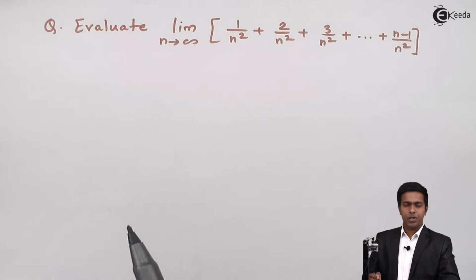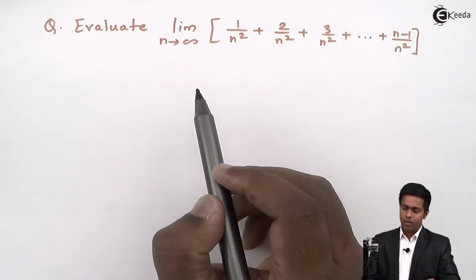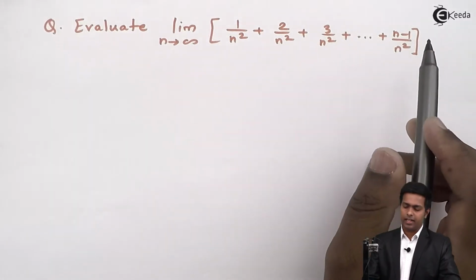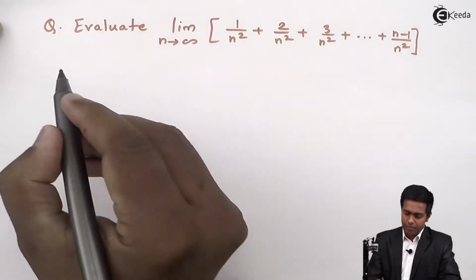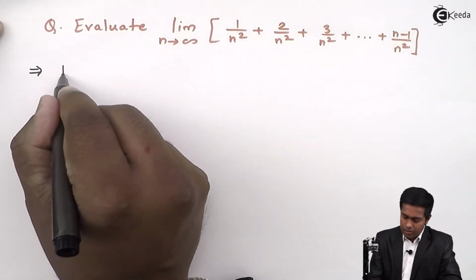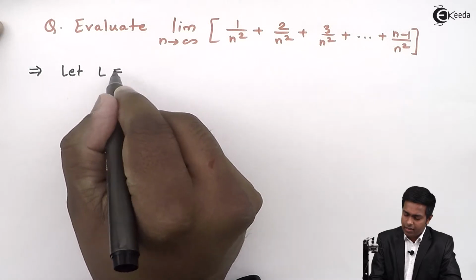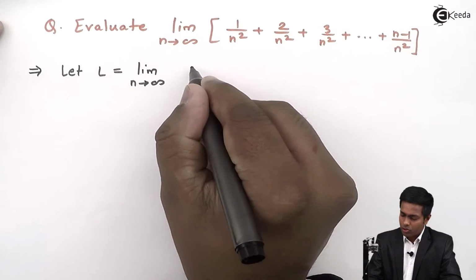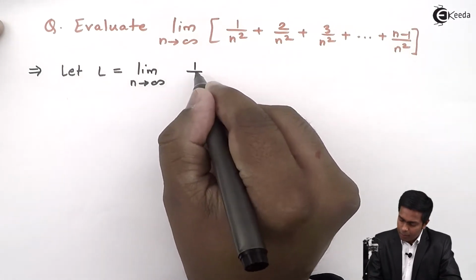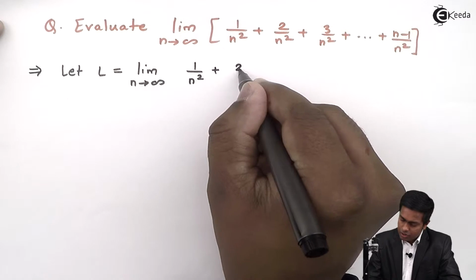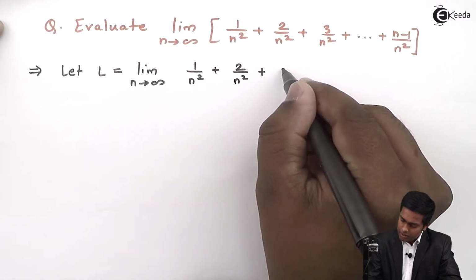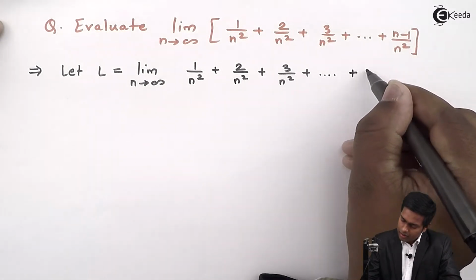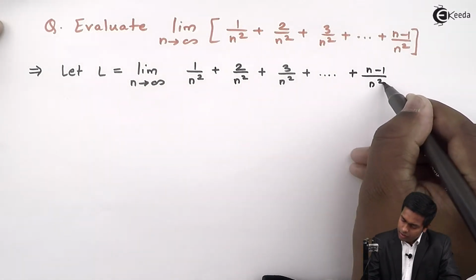Now before substituting n equal to 1 upon t, if you observe, we have a series, and if I simplify this series, I'll get the following. I'm assuming this limit as L, the limit as n tends to infinity of 1 upon n square plus 2 upon n square plus 3 upon n square and so on till n minus 1 upon n square.